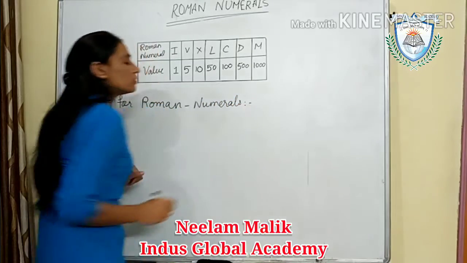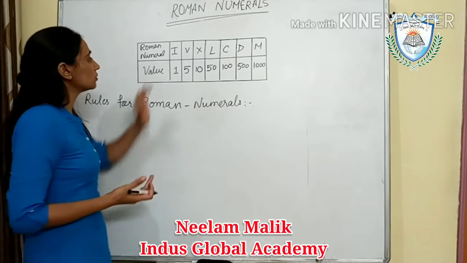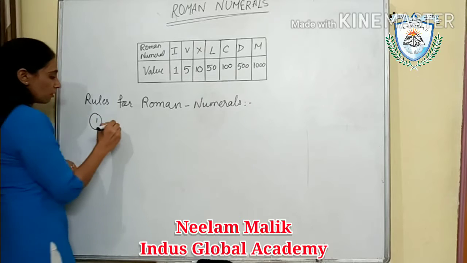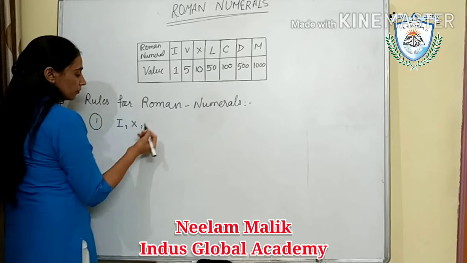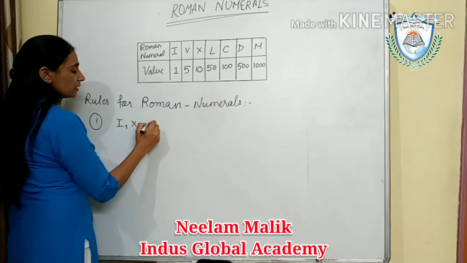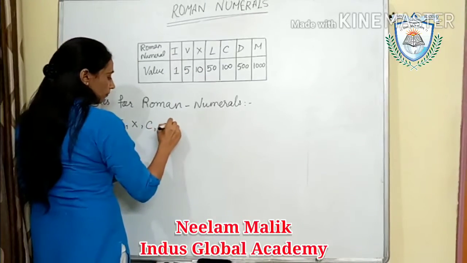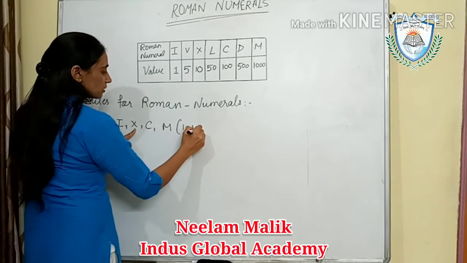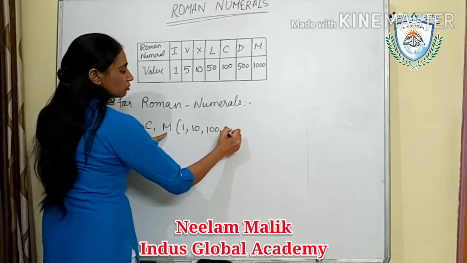Okay, so what are those rules? The very first rule is about repeating letters. What is 10? X. What is 100? 100 is C. And what is 1000? That is M. So I means 1, X means 10, C means 100, and M means 1000.